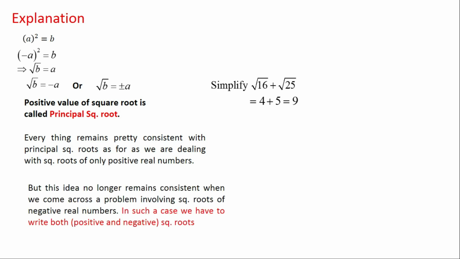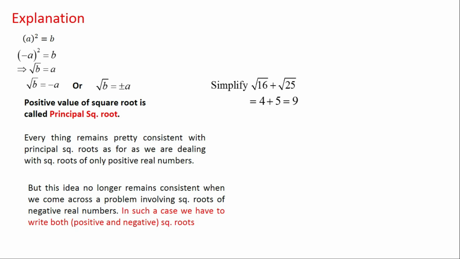But this idea of principal square root no longer remains consistent when we come across a problem involving square root of negative real numbers. In such a case, we have to write both positive and negative square roots.